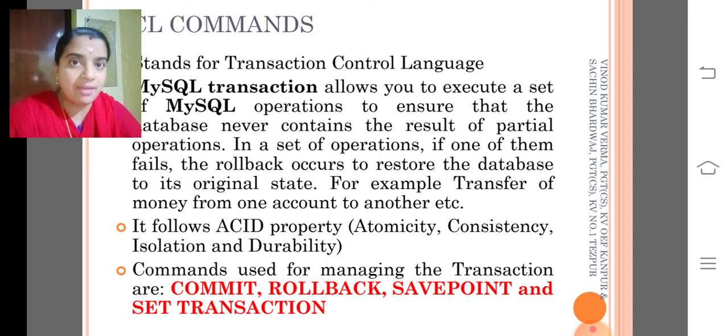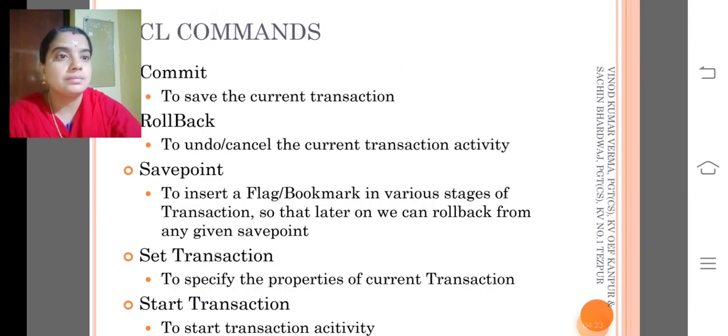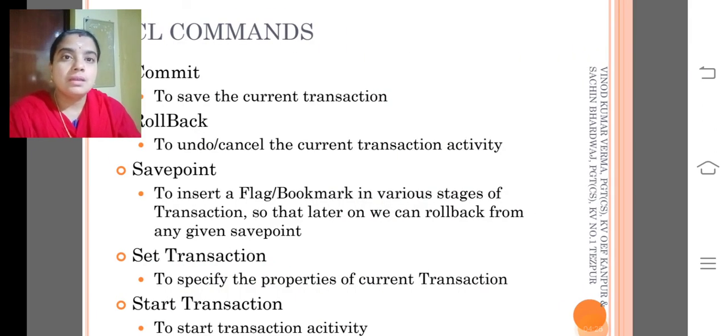Commit is for saving, rollback is for undoing, save point is for dividing the transaction, and set transaction is for setting properties. At the beginning we can set the transaction as auto commit or commit. Auto commit is equal to false. These are the TCL commands: commit and rollback, save point and set transaction, also start transaction.